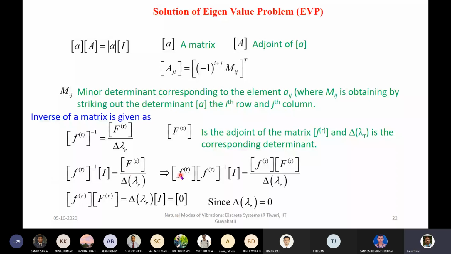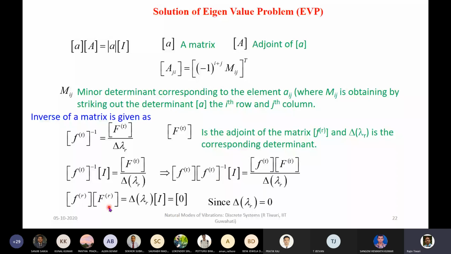So FR on both sides, FR here also. This is the definition of the inverse of a matrix. From there I'm taking a key step: I'm multiplying this by the matrix itself, so that this becomes the identity matrix, because if I multiply the actual matrix with its inverse, I should get the identity matrix.